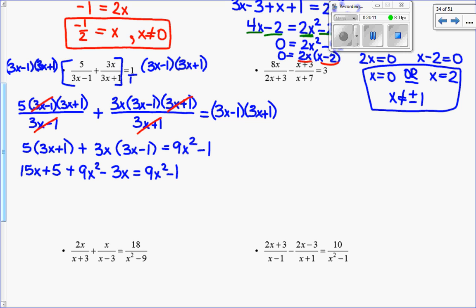Okay, I have to collect some like terms. I've got 15x minus 3x, so I've got 12x plus 5 plus 9x squared on this side, and then on this side 9x squared minus 1.